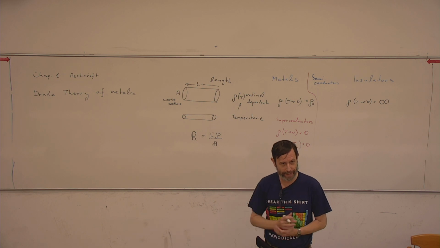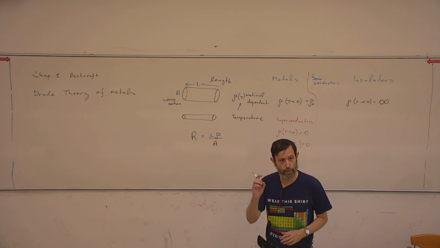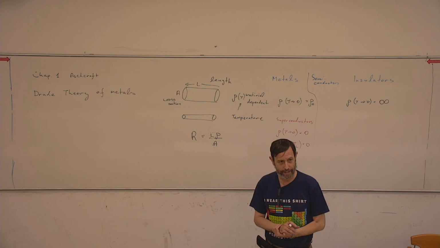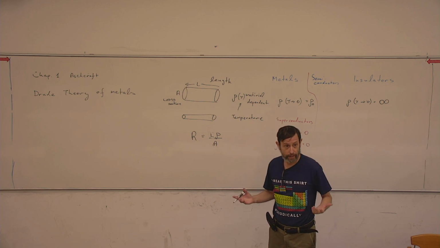Bohr's model of an atom, 1913. Understanding that you have even a nucleus and electrons around it, around that time.